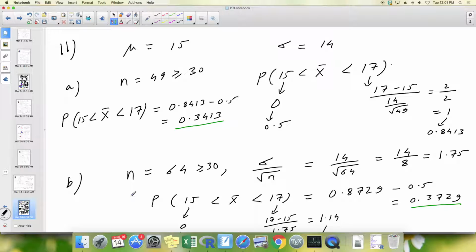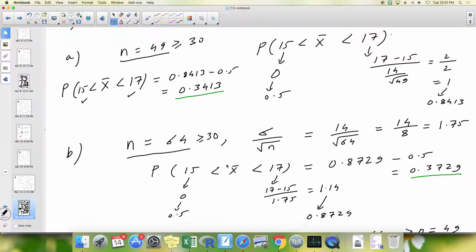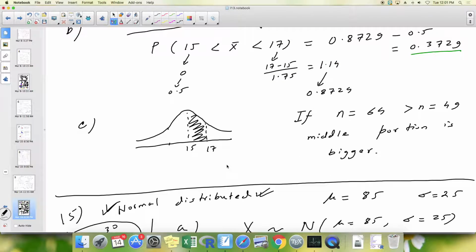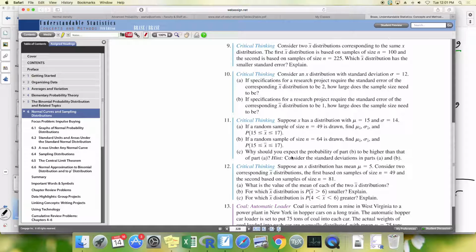So question 11, mu 15, sigma 14. You have to find probability x bar between 15 and 17. We are comparing between n equals 49 and n equals 64. All the details of the calculations you can see in the notes. But my interest is, why should you expect probability of part B to be higher than part A?